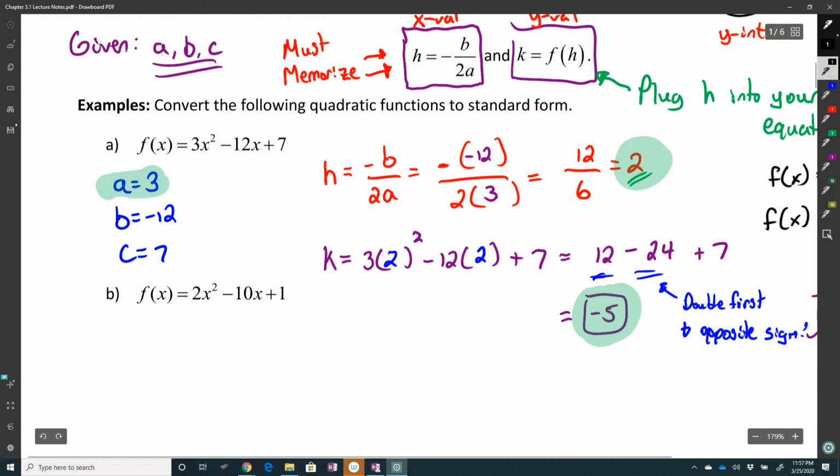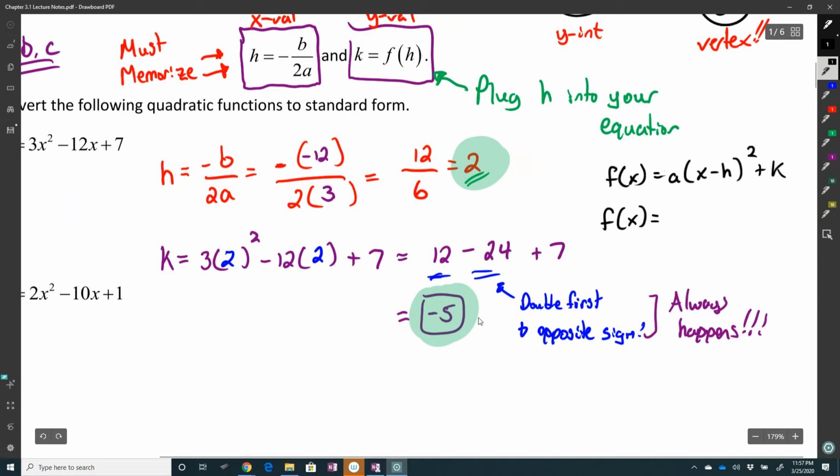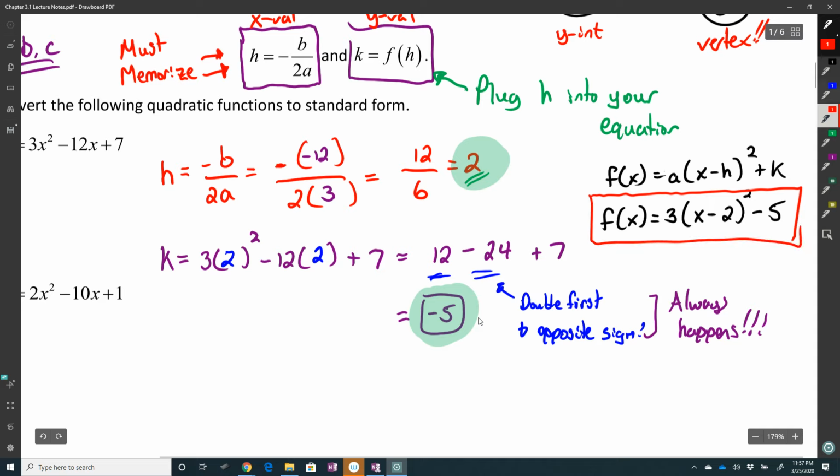I know that a is 3, x minus, I know that h is 2, and I know that k is negative 5. And there we go. Kind of messed up on the ceiling there. Right. So we have f of x is 3 times x minus 2 squared minus 5.